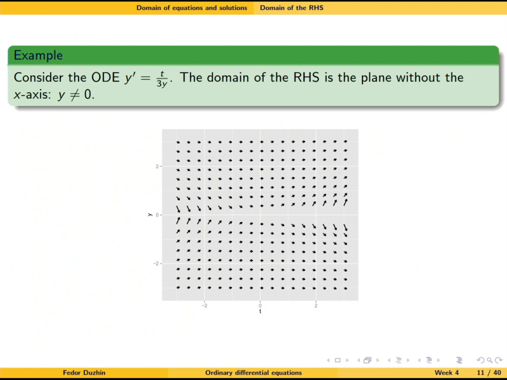Again, in the next example, the right-hand side is t over 3y, and the domain of the right-hand side is whatever combinations of t and y for which the right-hand side is well defined. In other words, when you need to determine the domain, you need to think: is it possible for certain values of t and y that the right-hand side is undefined?